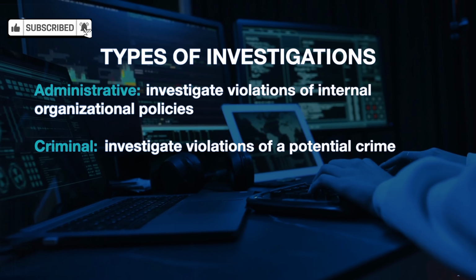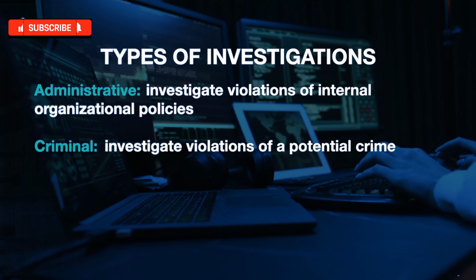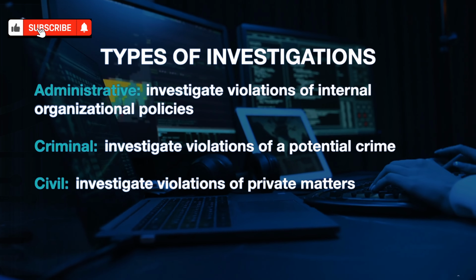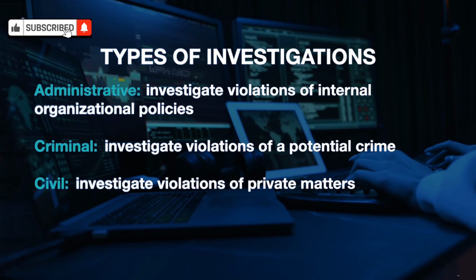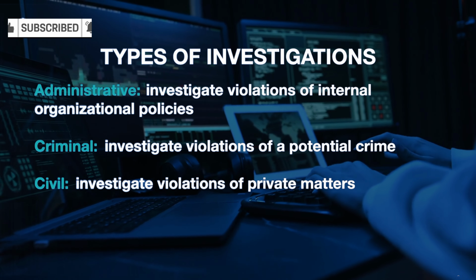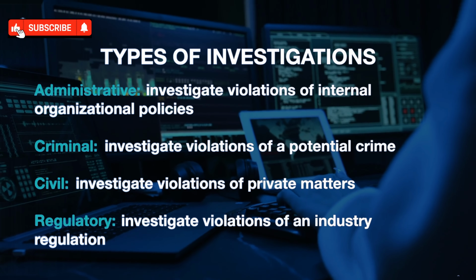So we have organizations like the Federal Bureau of Investigation or others that will do investigations for cyber related crime. Then you have civil, which is where you are going to investigate a violation of a private matter. For example, a violation of a business contract, a violation of a service level agreement, a violation of some kind of support contract, things like that. That would be a civil matter. And then we have a regulatory investigation.